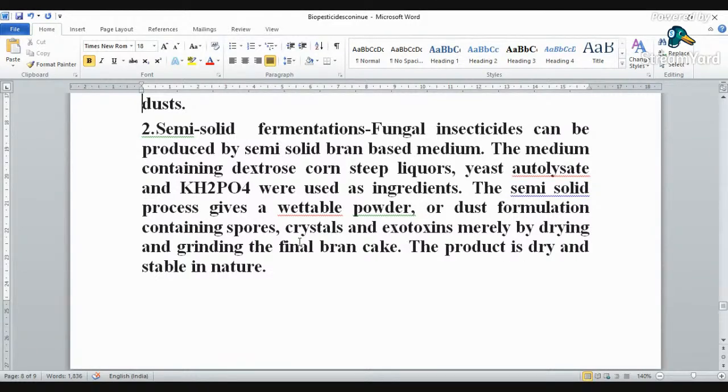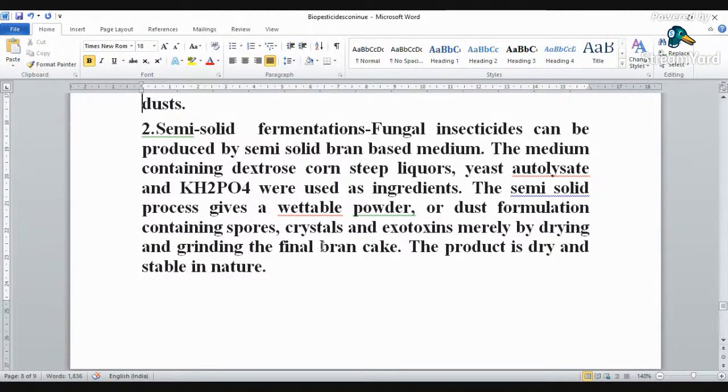So the semi solid process gives a wettable powder, meaning powder in a wet form, a moist powder. And a dust formulation containing spores is also prepared, containing spores, crystals and exotoxins. It is obtained after drying into powder form, or after grinding the final bran cake, the powder form of these fungal spores can be obtained.